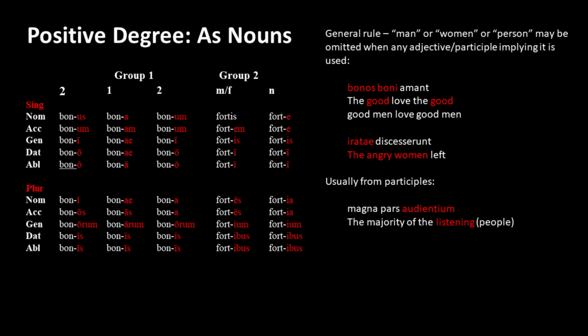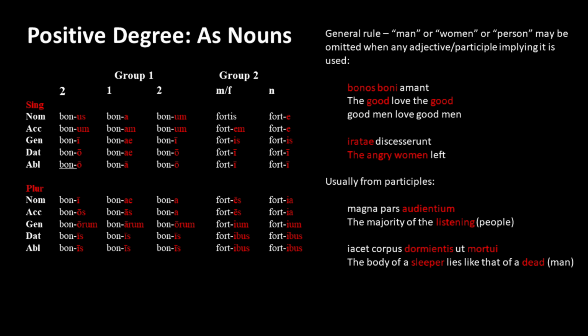Or have a look at this one. Iacet corpus dormientis ut mortui. The body of a sleeping something, dormientis is a participle, singular genitive, doesn't have any noun to tell you what is sleeping, but the body of a sleeping something lies like the body of a dead something.